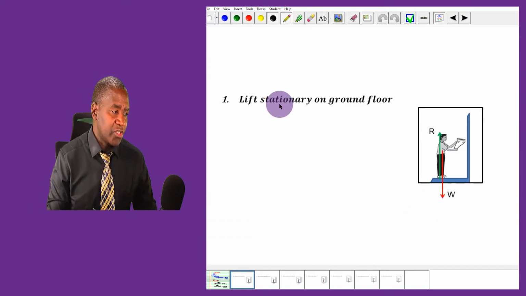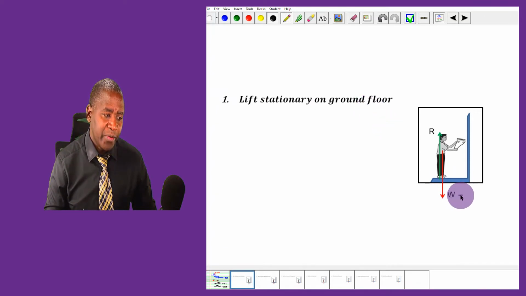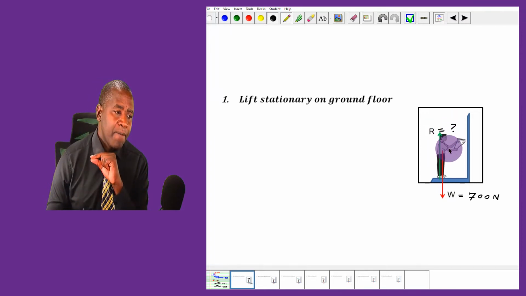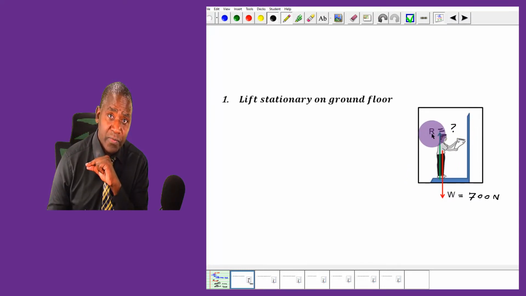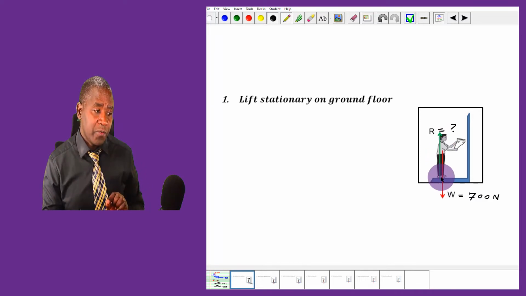The lift is stationary at the ground floor, and the two forces which are acting are the W. Remember, the mass of this person is 70 kg, so his weight is 700 newtons. The reaction is what I want to find out, because the balance reads the reaction. It reads the amount of force that is acting on this person from the floor. That is what the balance reads.